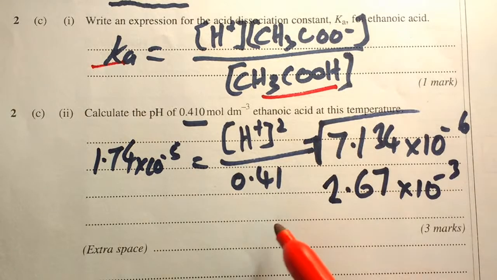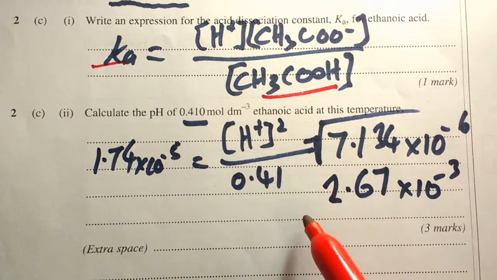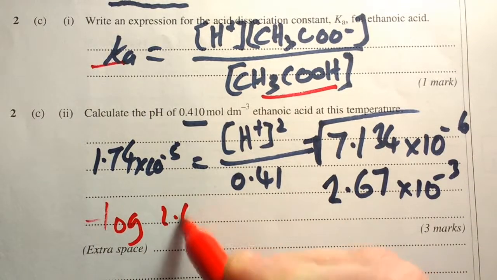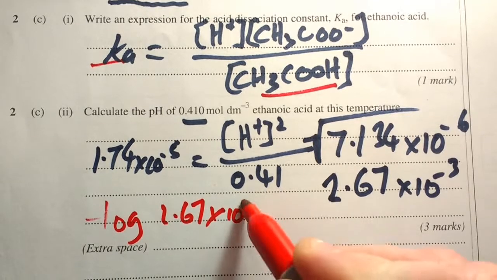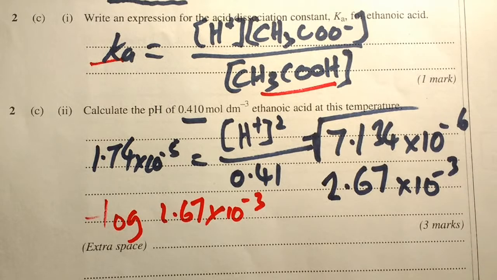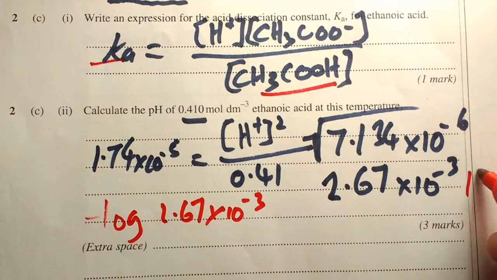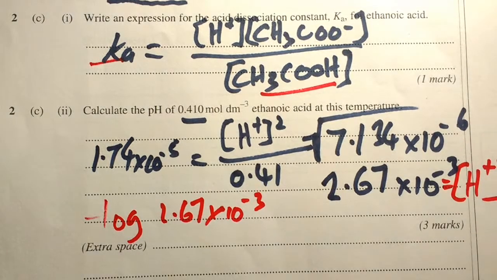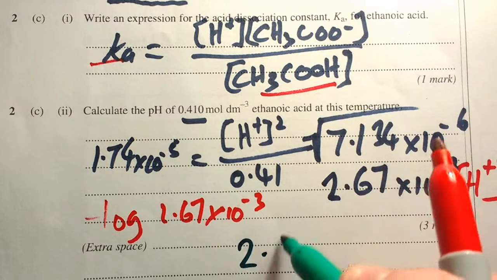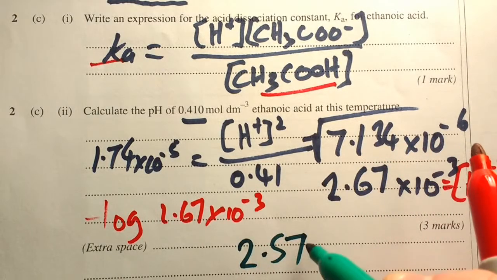If we do minus log of 2.67 times 10 to the minus 3, to work out pH, because this is the H plus ion concentration, we should come out with a pH of 2.57.